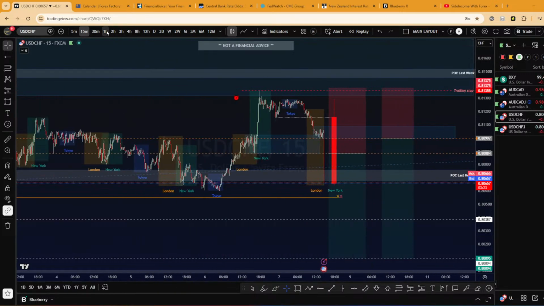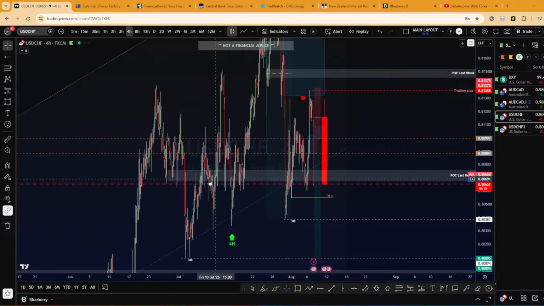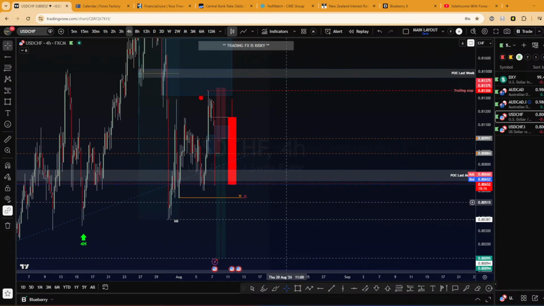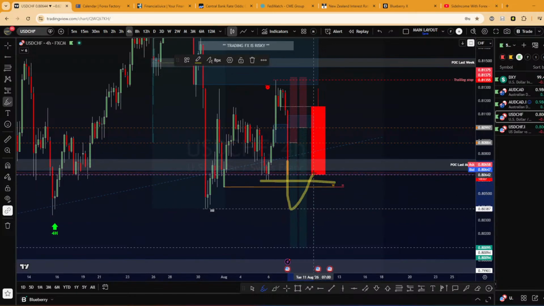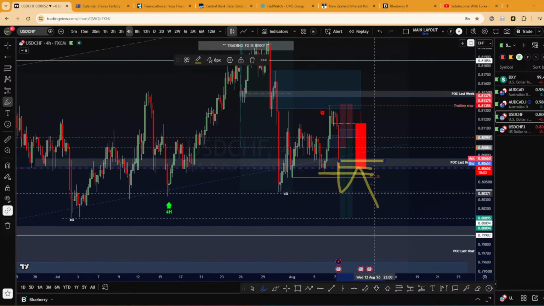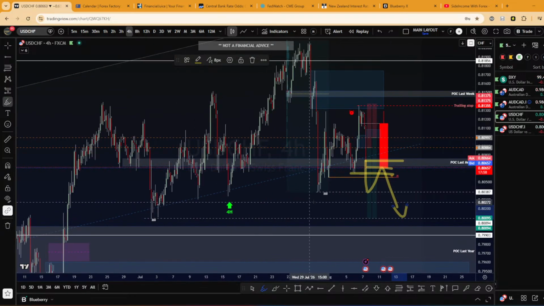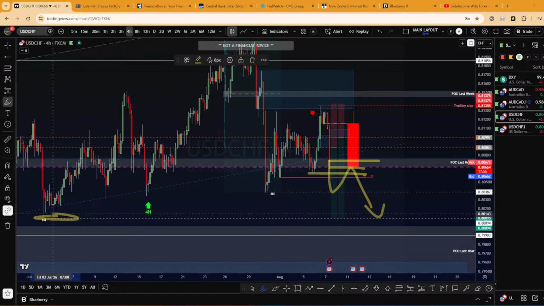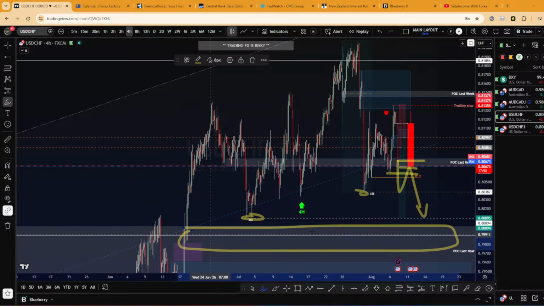Let's see, we are starting to break the point of control from last month, this gray zone. So if we close below this low right there, this could potentially give us another opportunity. The target is clear: I want to target this low and eventually this gray zone right there.